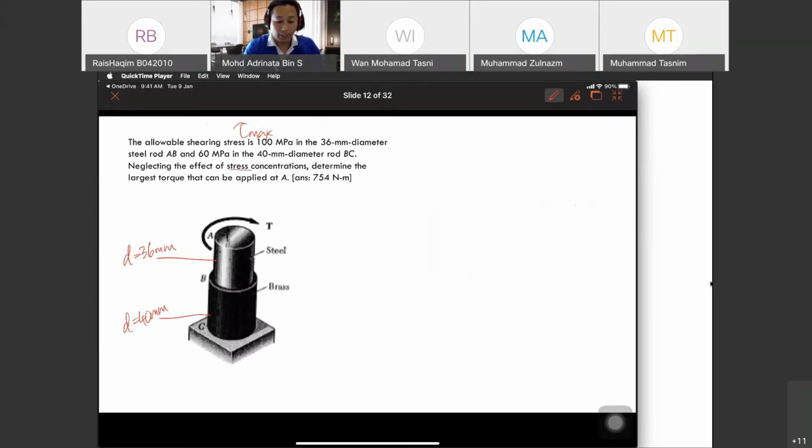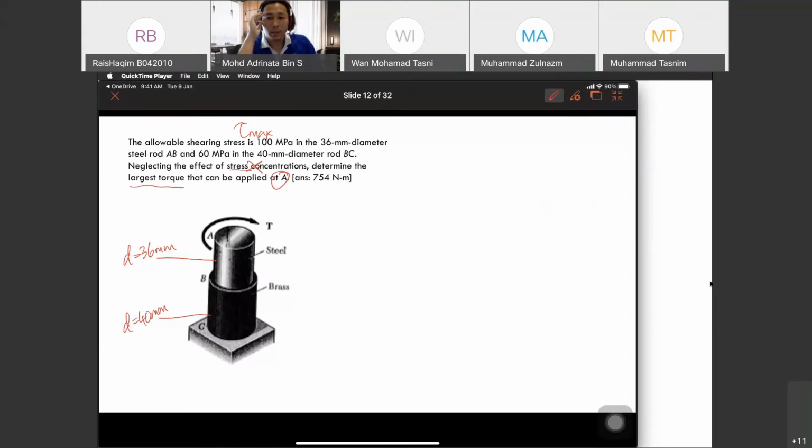So no stress. Determine the largest torque that can be applied at A. Okay, tak apa. Tak dapat boleh tanya kawan-kawan dulu. Kalau tak sempat kat sini, saya akan buatkan video.